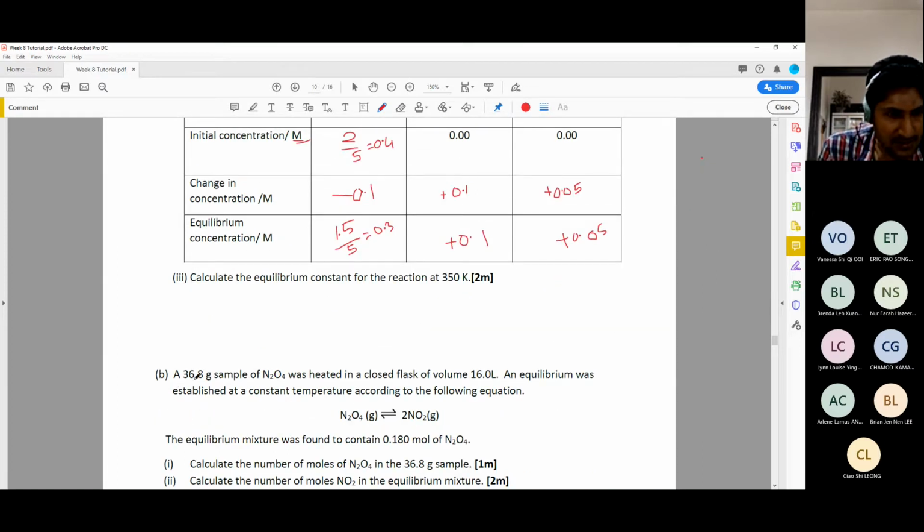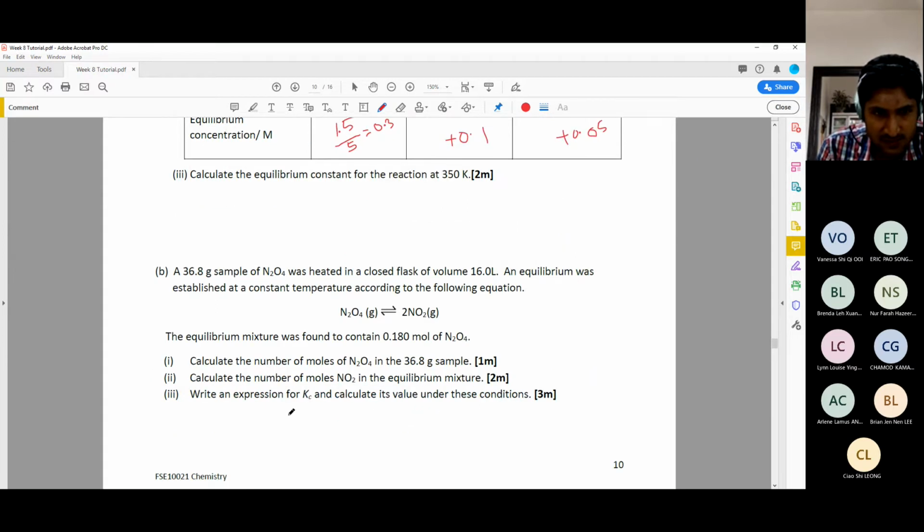Question number B says that a 36.8 gram sample of dinitrogen tetroxide was heated in a closed flask of volume 16 liters. An equilibrium was established at a constant temperature according to the following reaction. Dinitrogen tetroxide is in equilibrium and produces nitrogen dioxide.